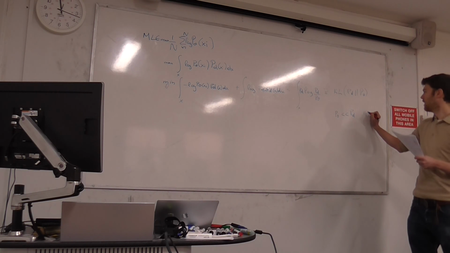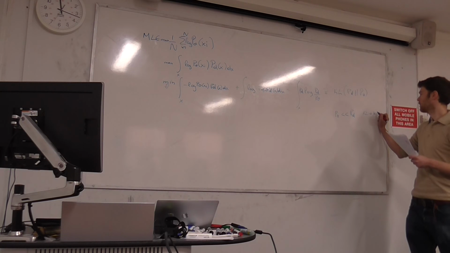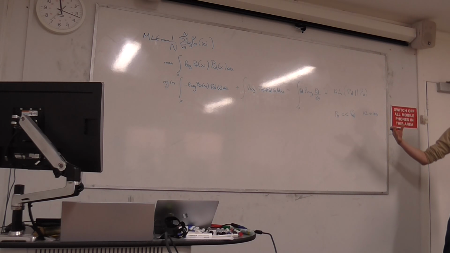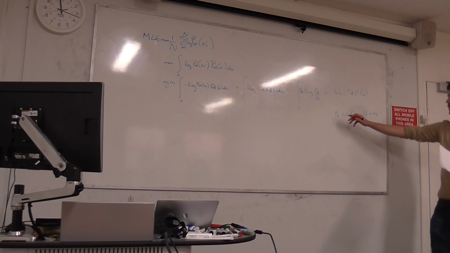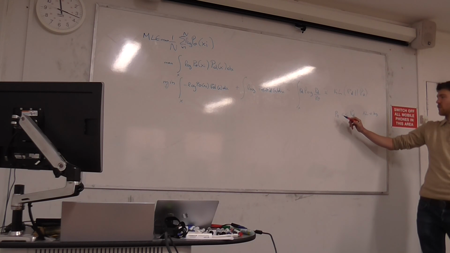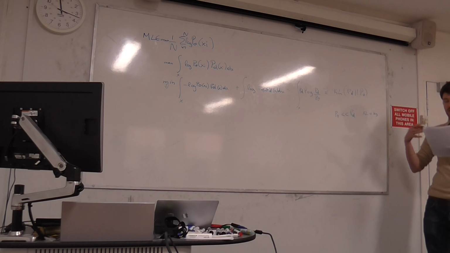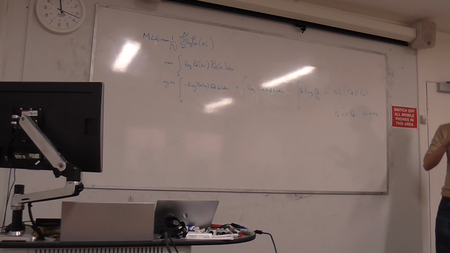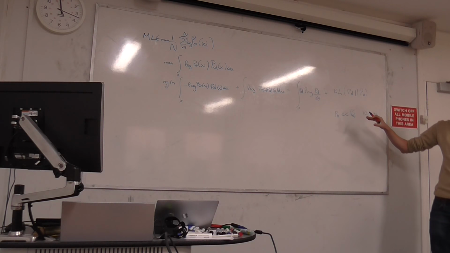Then the KL will be very big. That means it has a high cost associated with this. So if we're minimizing it, this is a very big penalty, so this is probably not going to happen. Basically, what we said now is we're going to associate a very high cost with not putting enough mass on the entire support of PD. Does that make sense?